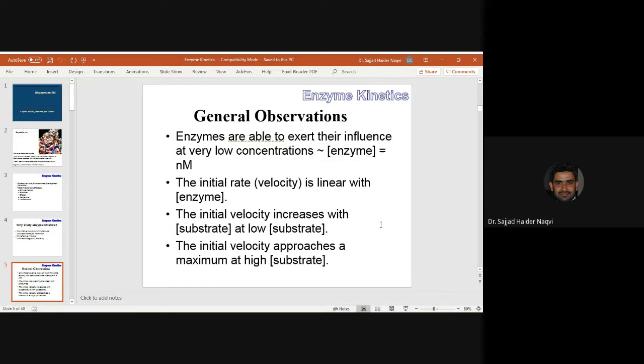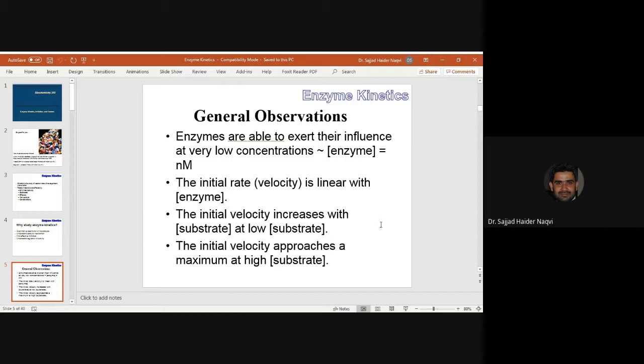So if you increase the substrate concentration further, it will increase the initial velocity, because active sites are still available. That's what I want to say: the initial velocity is directly proportional to the substrate concentration at low substrate concentration. When the substrate concentration reaches a point where the enzyme gets saturated and there are no more active sites available, increasing the substrate concentration may not have an impact on the overall reaction velocity. So this is the third general observation.